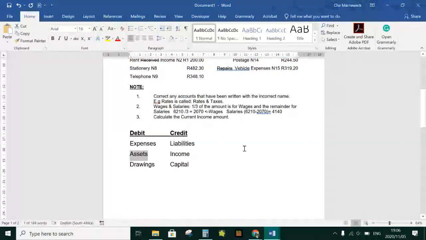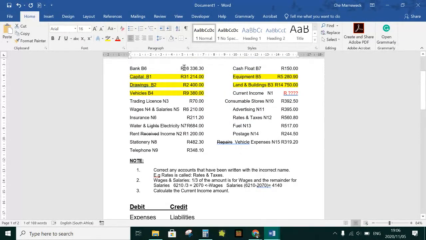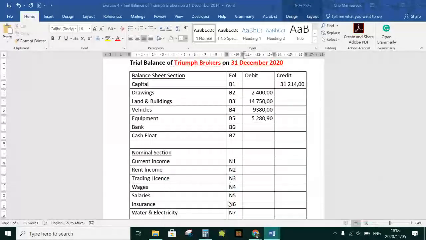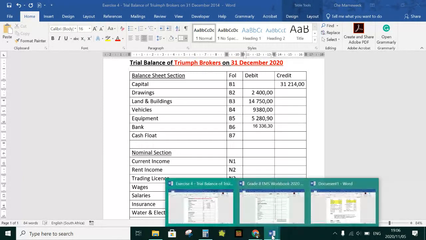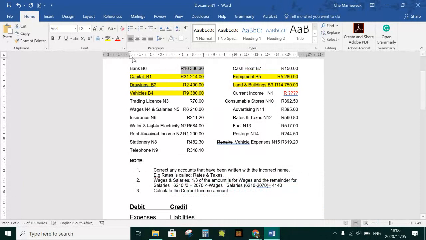Any asset is debit. So we've got bank, 16,336.30. Okay, and cash float is also a current asset. So cash float is going to be 150 Rand.